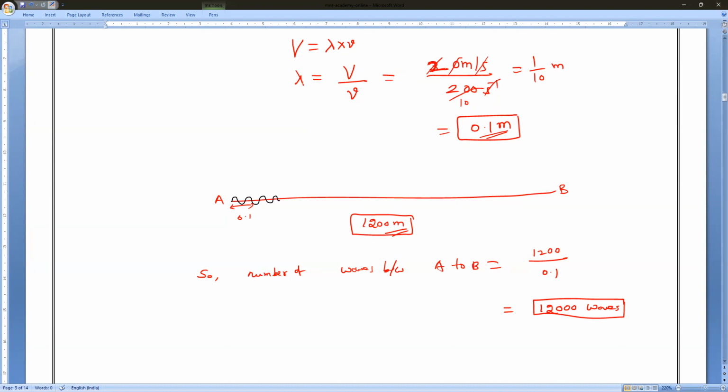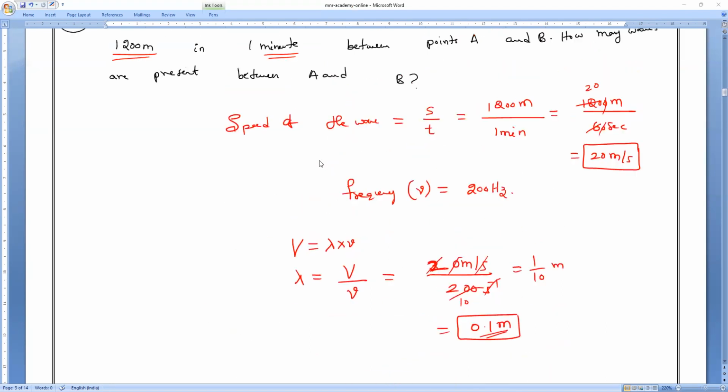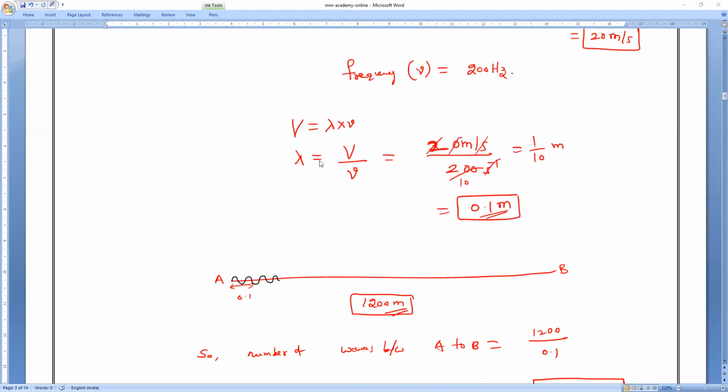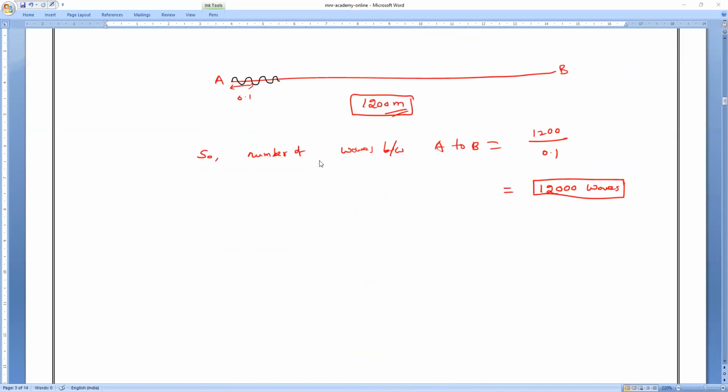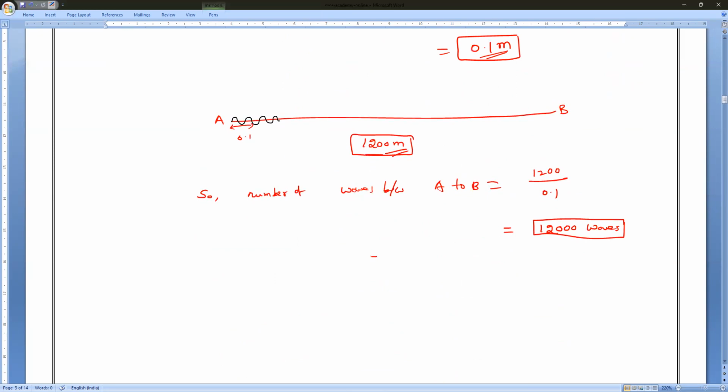Everyone needs to solve it, and if you have any doubt, you can ask. 12,000 waves will come. A student asks, sir, can we keep it as a formula, speed of sound divided by wavelength, for finding the number of waves between two points? The teacher explains that it is not the speed, it is total distance divided by wavelength, that is, divided by the length of one wave.